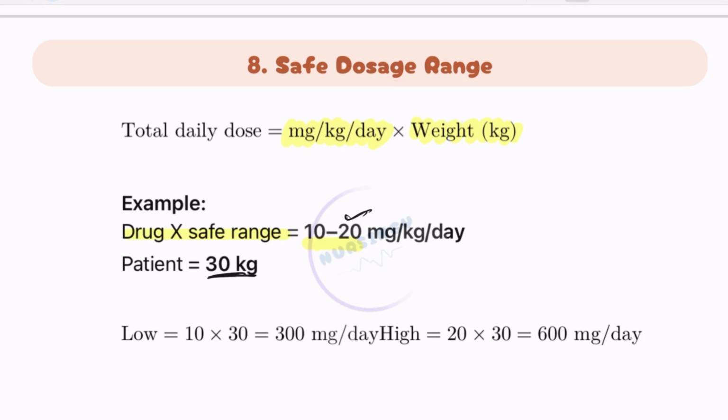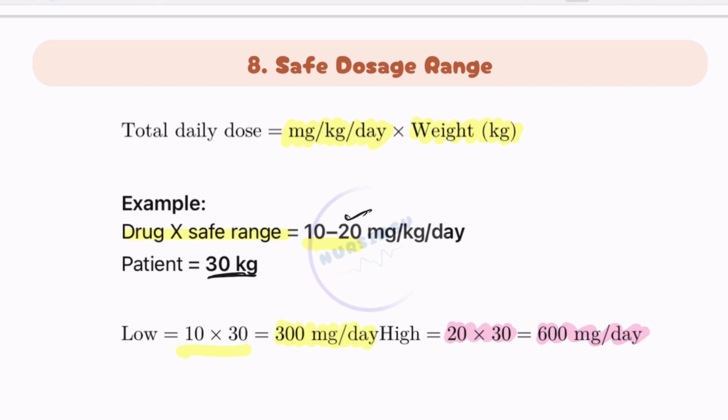To find out the lowest end, we will multiply 10 by 30, and that will give us 300 mg per day. Then to find the higher end, we will multiply by 20, because that is the maximum safe range. 20 times 30 will give us 600 mg per day.